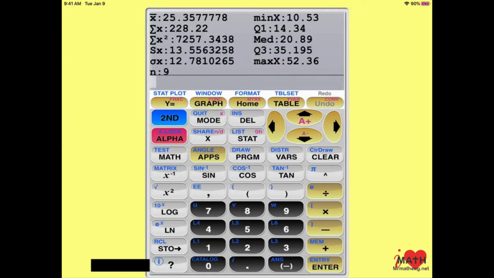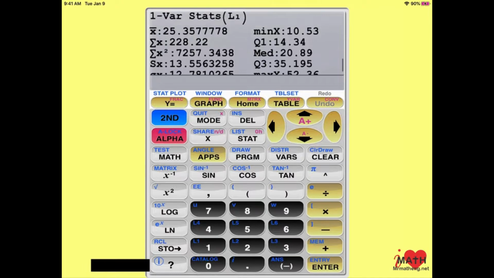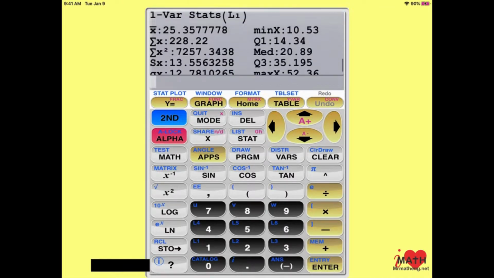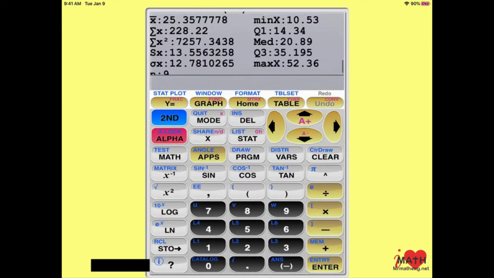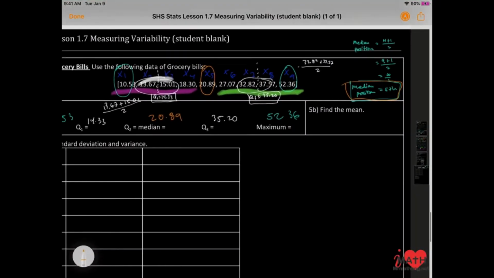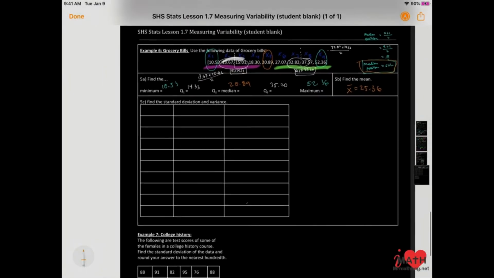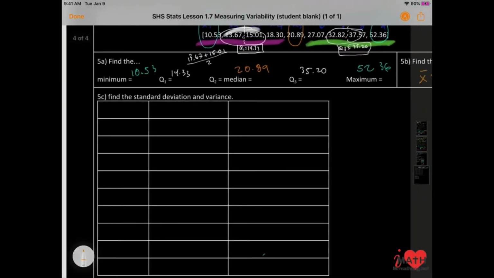Oh, look at that! It calculated the numbers, and then on the far right there, it actually has the five-number summary that we just found in the previous problem. But I wanted the average, 25.36. So let's go ahead and put that into our notes. x bar is 25.36.